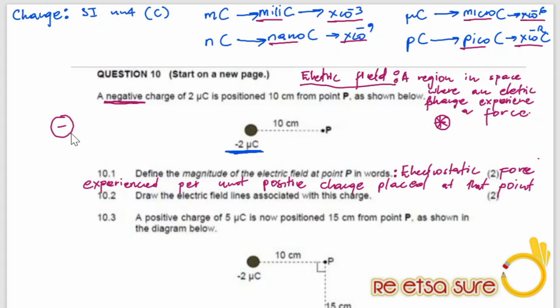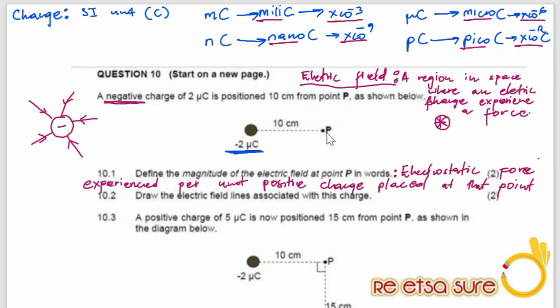Towards the charge. So meaning I'll be having the lines that must be attached to our sphere, which is our charge. But this charge, this electric field lines for negative charge, they must be pointing where? Towards what? Towards the charge.